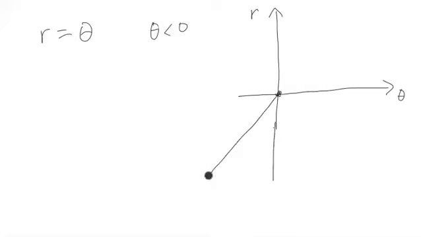But it's easier to think about this when we draw it positively, when we're thinking about r values positive, so we need to shift things around a little bit. So the interval from negative pi to 0, from here to here, if we shift it over pi, from 0 to pi, what's going to happen?